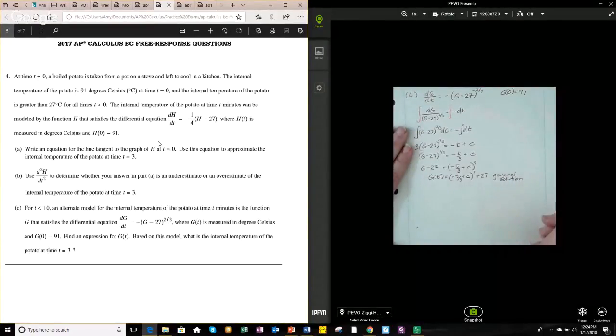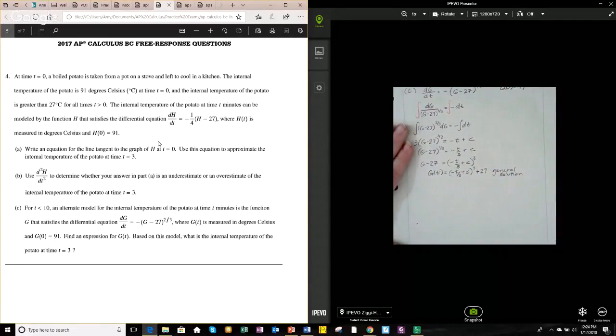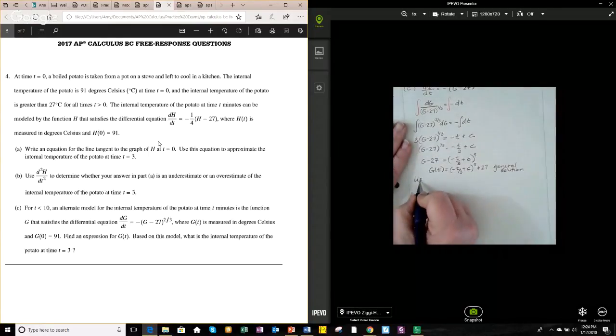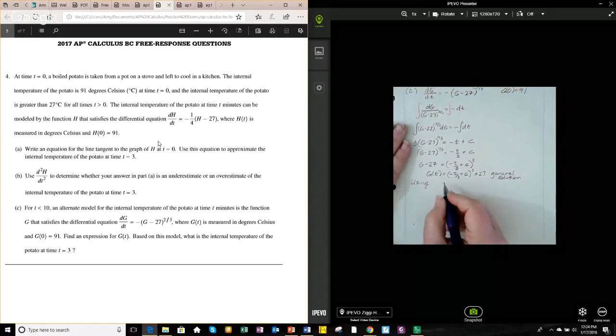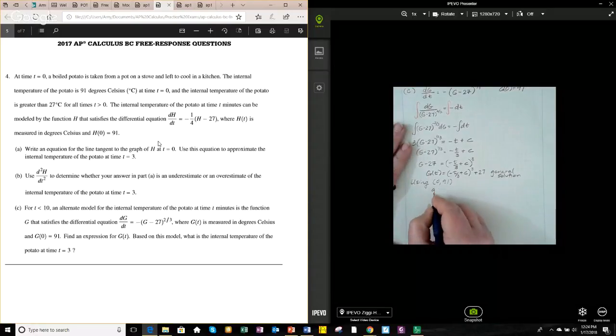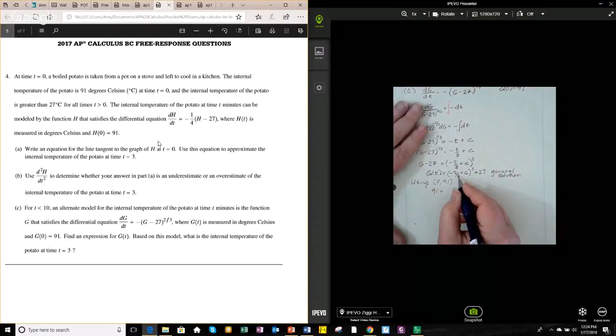But the question is asking for finding an expression for g of t. So they want the particular solution. So using the initial condition that we have, 0, 91, I'm going to say that 91 is equal to, well, when you plug 0 in here, t over 3 is 0.